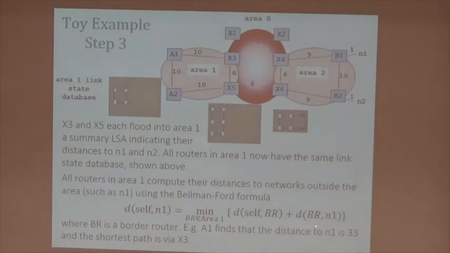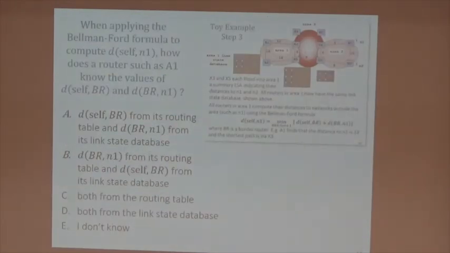So it will compute the two and will find a distance of 33, and the shortest path consists in going via X3. This is how OSPF really works with this multiple area stuff.